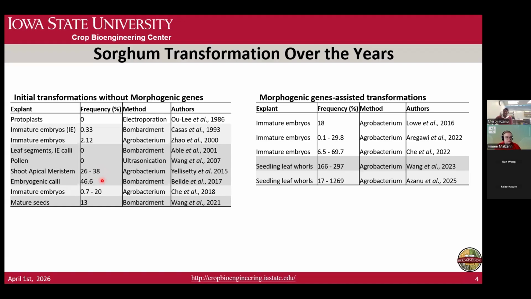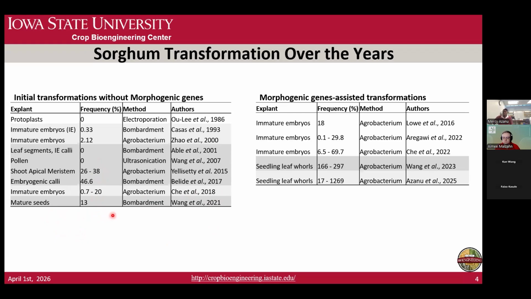The highest so far has been 46.6% when using embryogenic calli. For immature embryo, a high record has been a 20% transformation frequency, which was in 2018, and also the use of mature seeds.